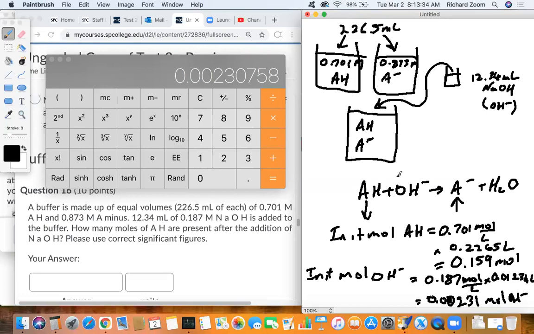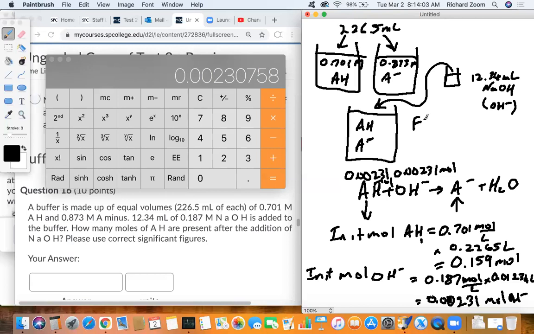So that's the thing. If you've got 0.00231 moles of this, that's how many moles of AH it will react with. So that's why we're going to subtract 0.00231 from 0.159. That'll give us the number of moles of AH left over.